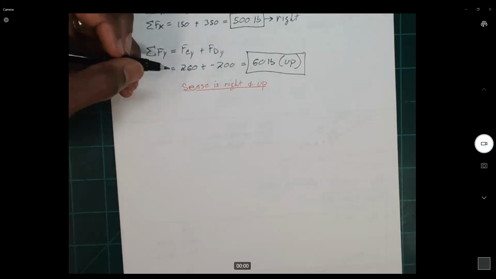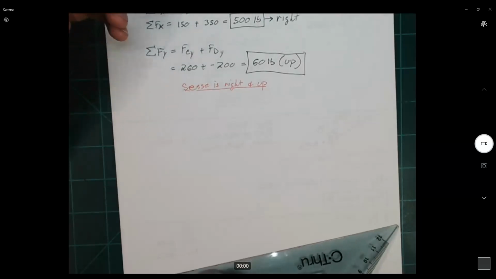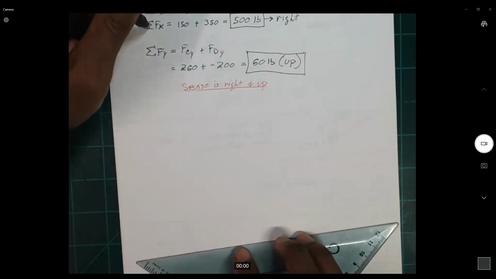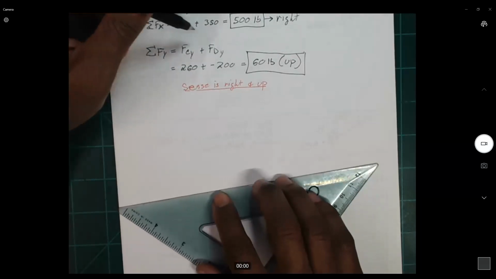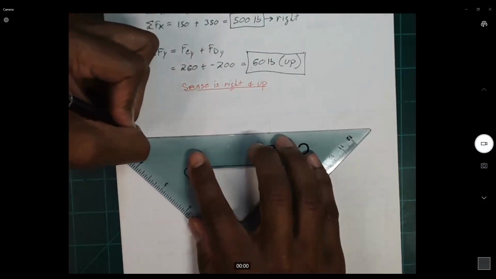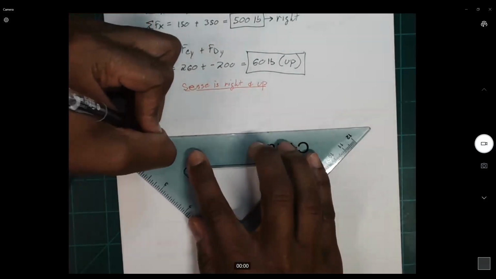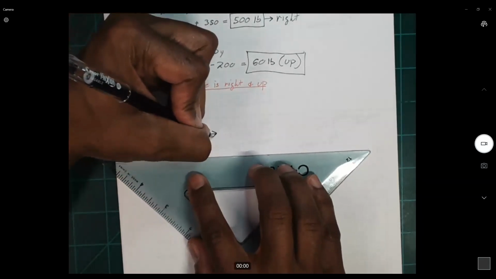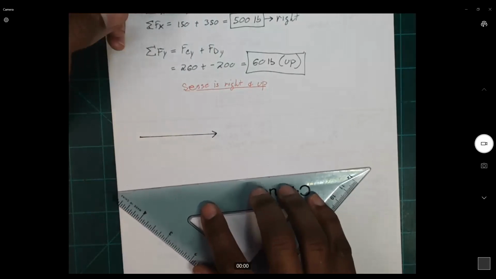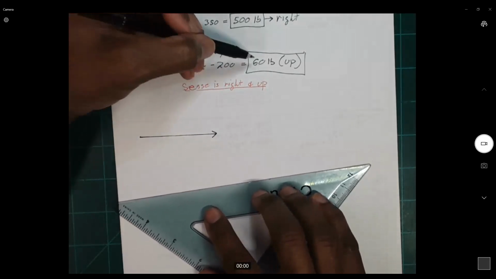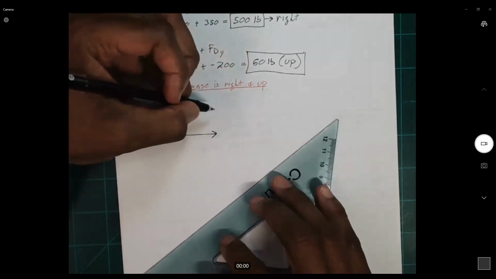Okay, so again, we have our sum of f of x is 500 pounds to the right, and we have our sum of our y's is 60 pounds up.